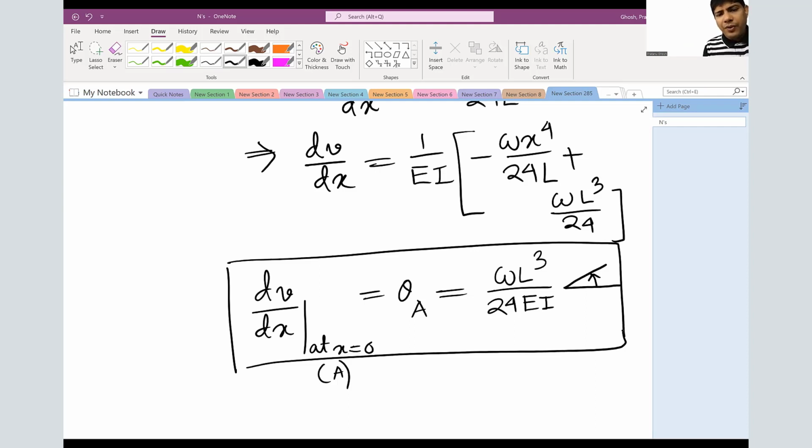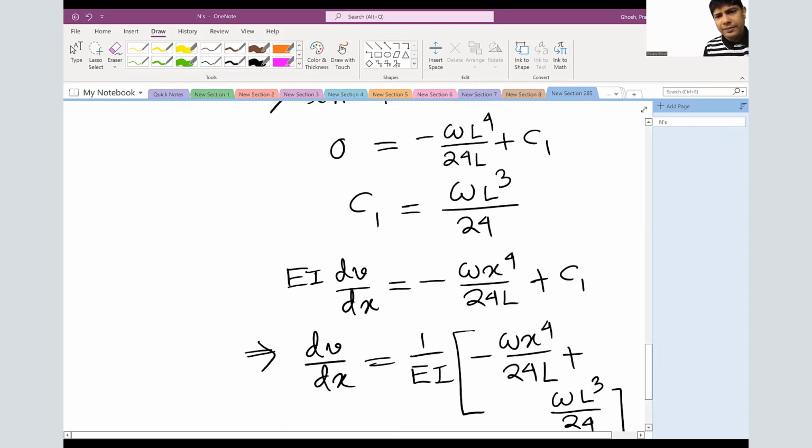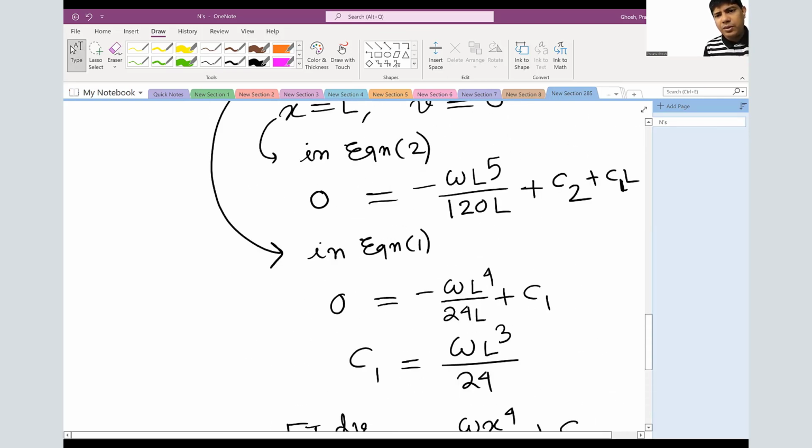So now it is time to find our vertical deflection. So let's put it back here and find our C2.